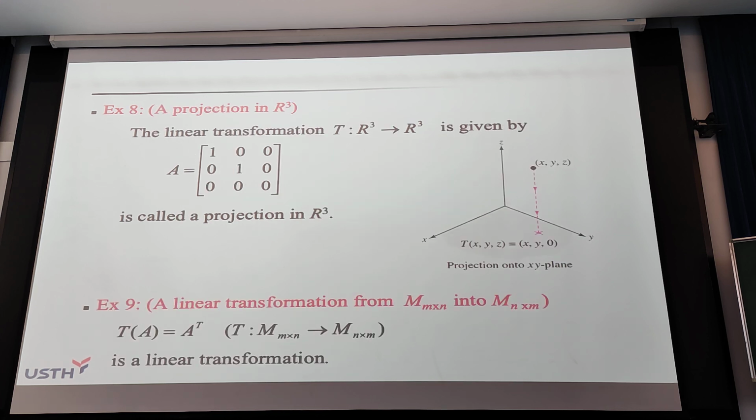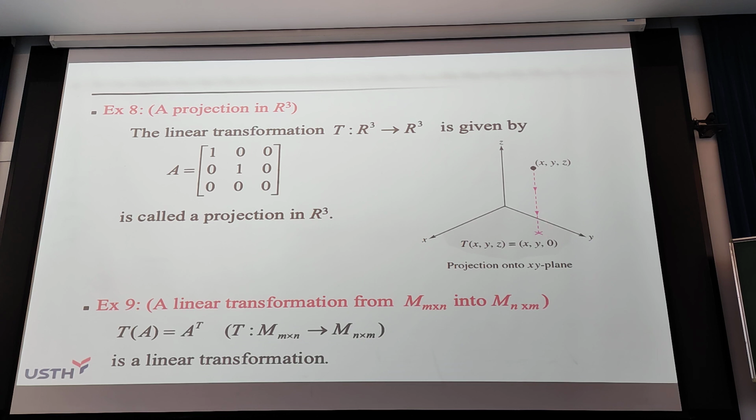Also, here is another example. That is a projection in space, in R3. The projection on the XY plane is given by a matrix like that, and that is quite familiar to you.